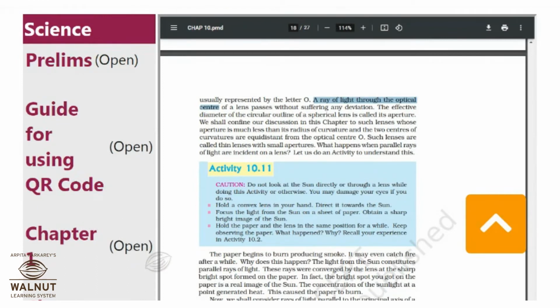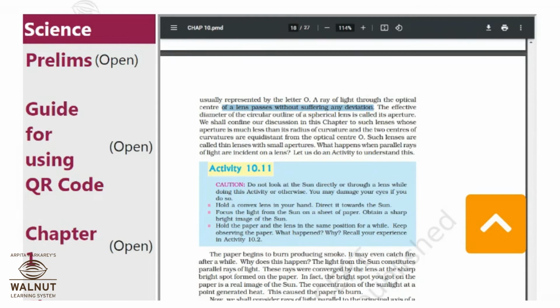So a ray of light through the optical center, that means the center of the lens, passes without suffering any deviation. Just now when I showed you on the slides, in case of convex lenses, the light rays bend and converge on one point.